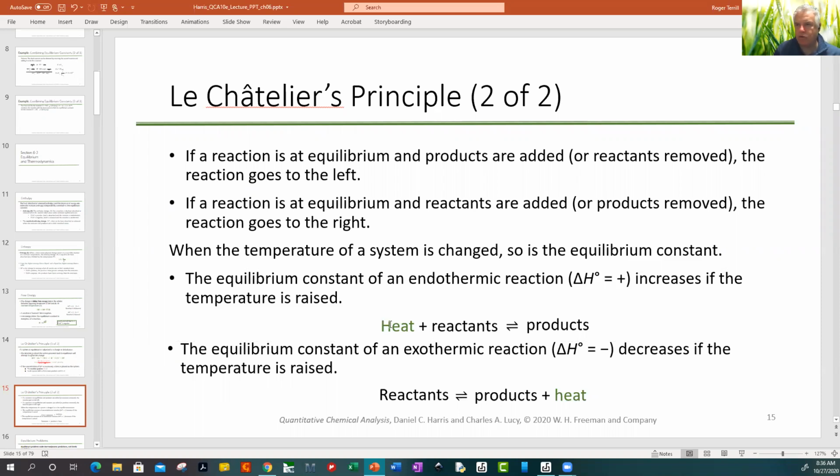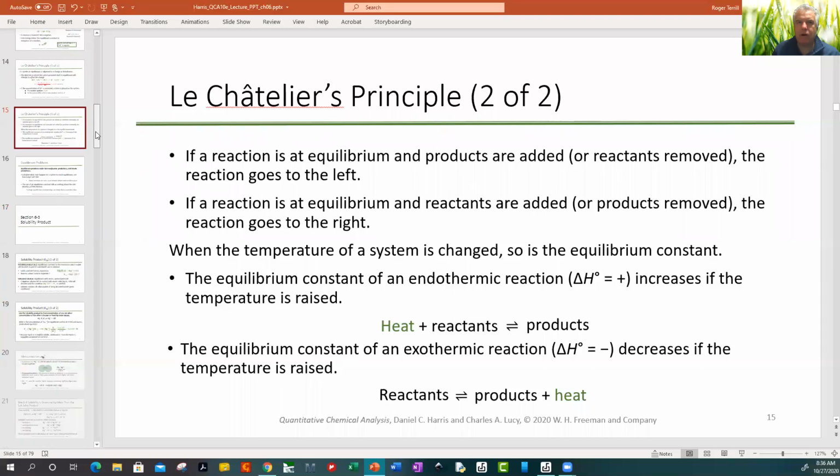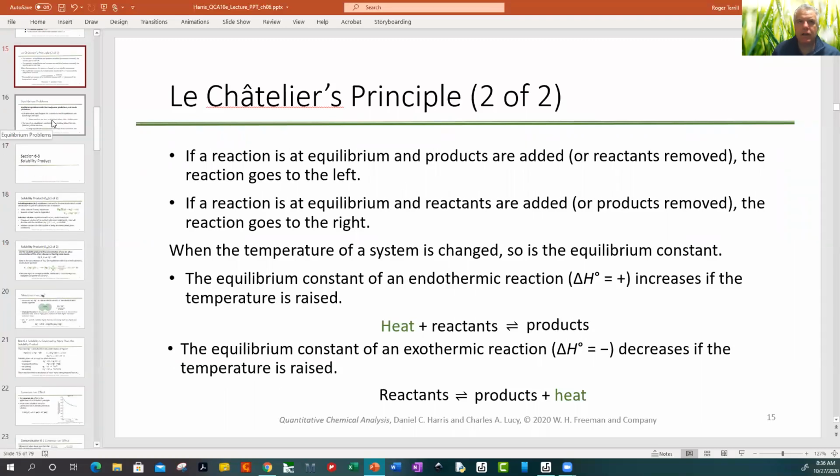And so if you add heat, it will favor products. And if delta H is negative, if you add heat, it will favor reactants, right? It's another equilibrium concept that works with Le Chatelier's principle. All at constant pressure and temperature, because that's the way we like it, as chemists.